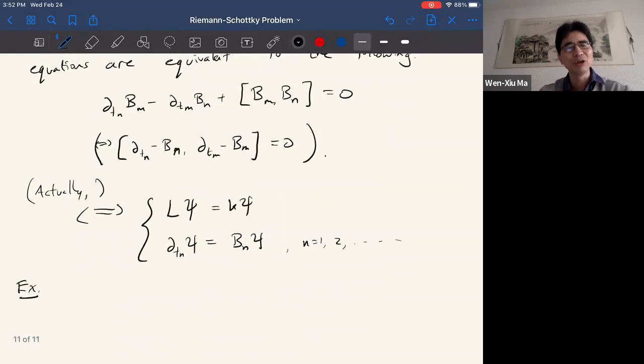Under the original setting of the dependent variable, you have three classes: one is KP, one is modified KP, and one is the Harry Dym hierarchy. You cannot make them equivalent to each other. No way. There is no equivalence between them. But you can have many modified equations.